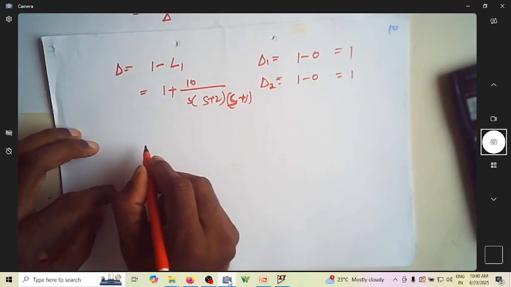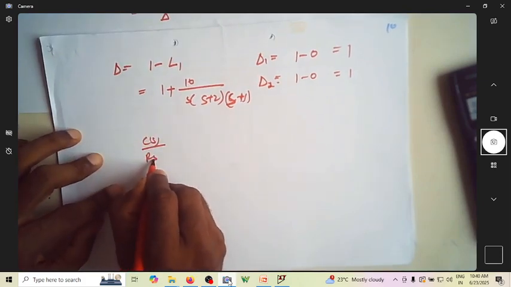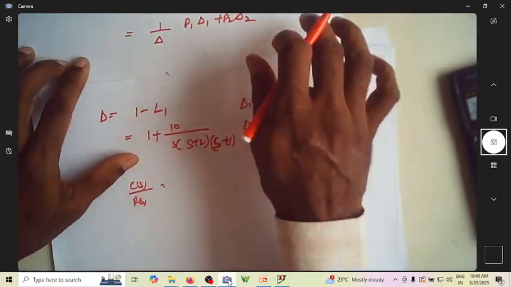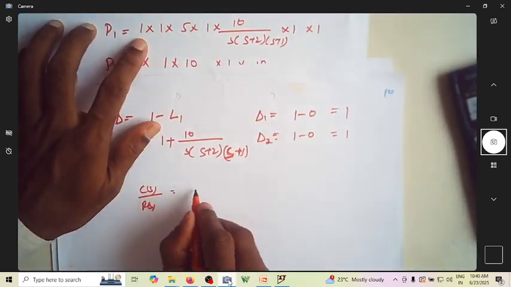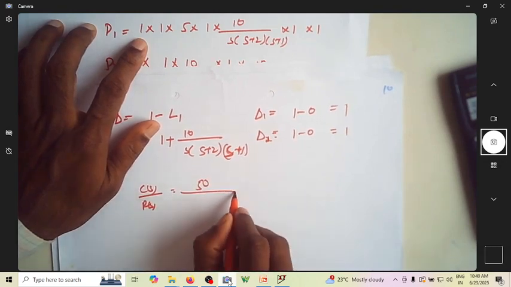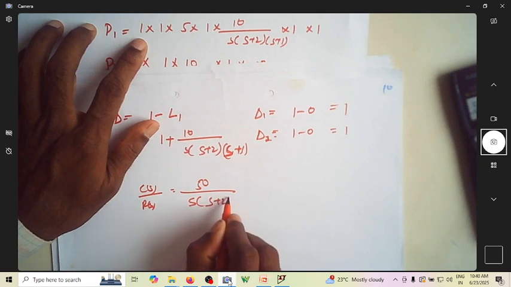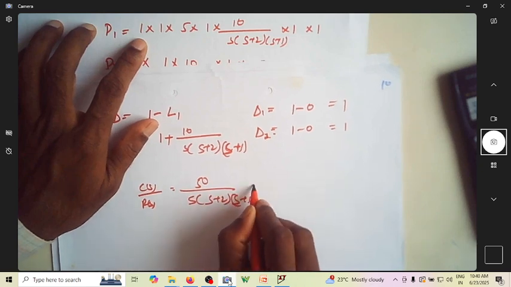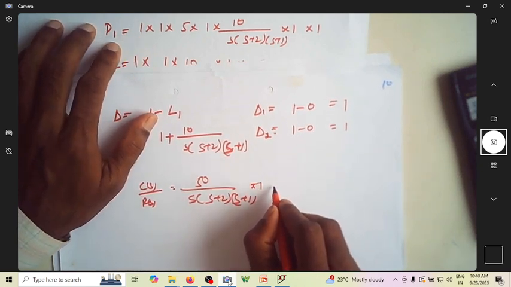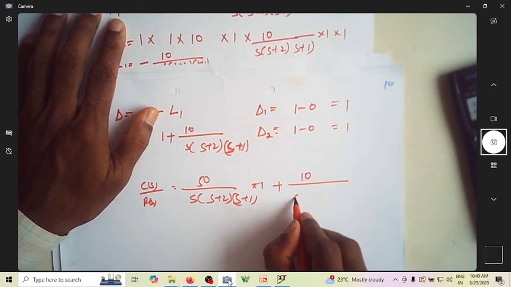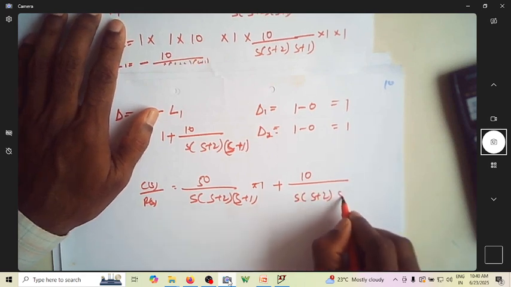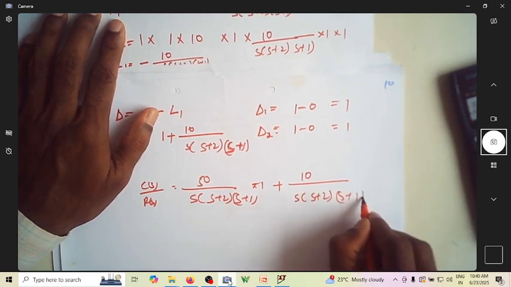So what is CFS by RFS? CFS by RFS is P1. So what is P1? P1 was actually 50 divided by s into s plus 2, s plus 1, into 1, plus 10 by s into s plus 2, s plus 1. Correct.